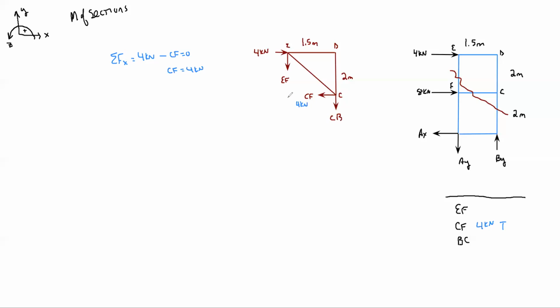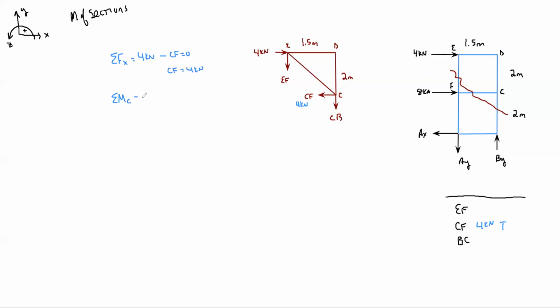All right, if we take, for example, a moment about E in order to get CB or a moment about C in order to get EF. On my paper, when I was practicing this morning, I took the moment about C, so I'm going to stay with that.